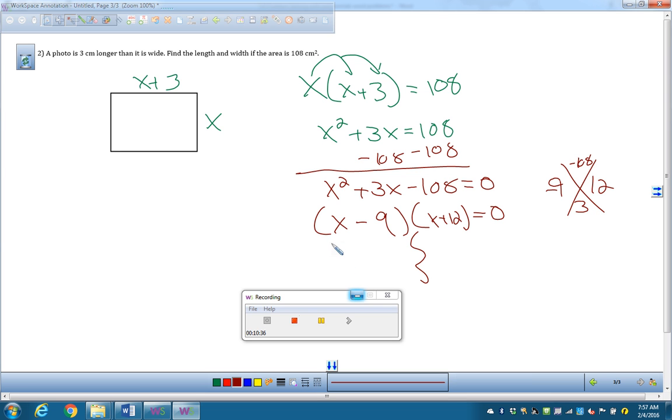What's this side length? x equals 9 or x equals negative 12. Can you have a side length of negative 12? No. So you throw away this answer because you can't have a negative side length. If one side is 9, what's this side? 12. So that's where the negative 12 comes from, but it can't be negative, it's got to be positive.